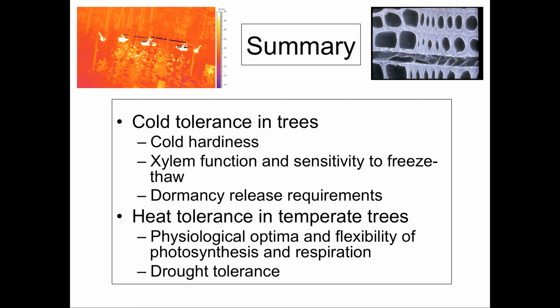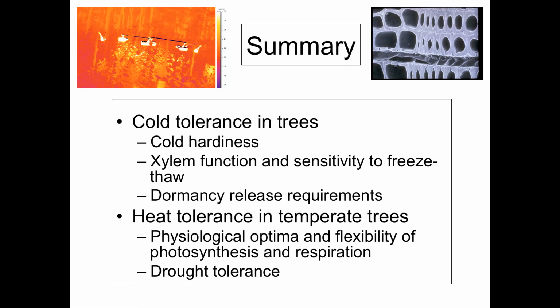So in summary, cold tolerance in trees is related to their cold hardiness and their ability to withstand increasingly cold temperatures, their xylem function and how sensitive they are to freeze-thaw cycles that occur in spring and fall, as well as dormancy release requirements.